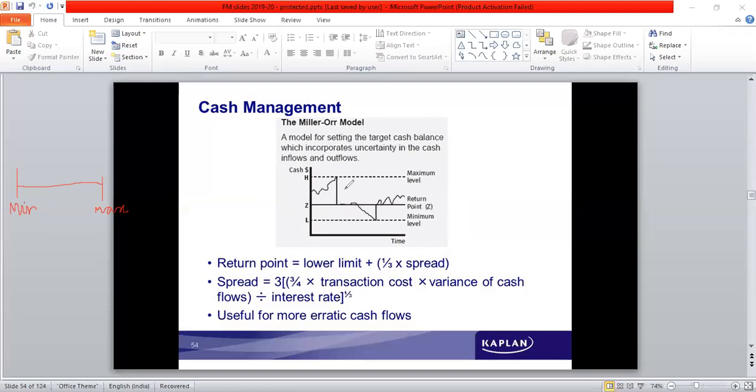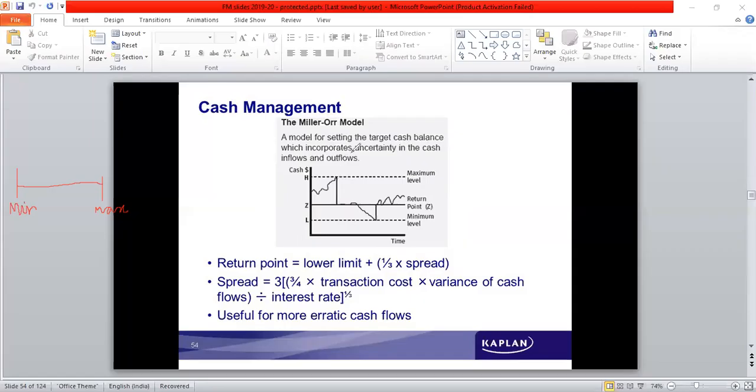So once it touches the maximum limit, whatever is the cash over and above the maximum amount is invested into some short-term investment, some securities, marketable securities, some way. See, it is diverted there. So at least it is a minimum return. Some return would be earned on that, ensuring that the cash balance does not cross beyond the maximum level.